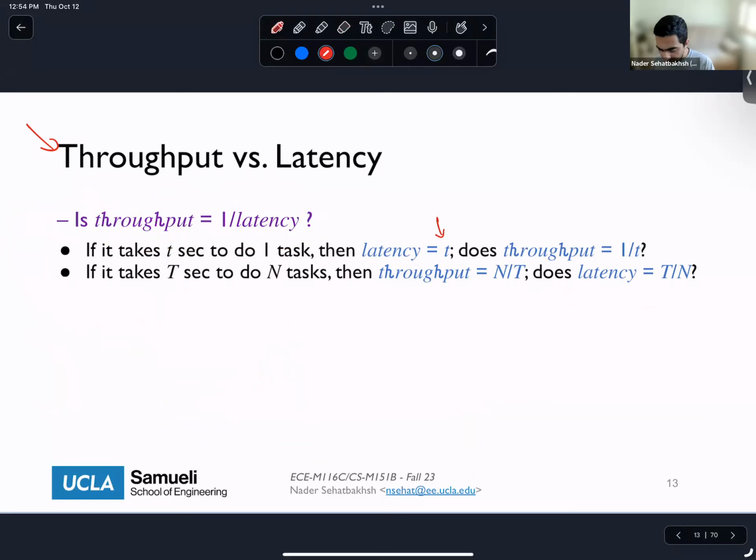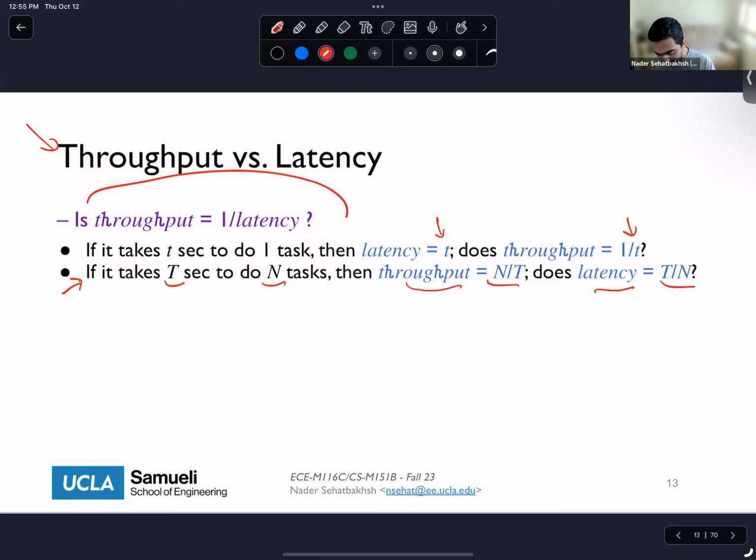Can we say that the throughput is equal to 1 over t? Or in other words, if it takes t seconds to do n tasks, my throughput by definition would be n over t, right? Can we say that my latency is t over n or not? So these are 2 important questions.